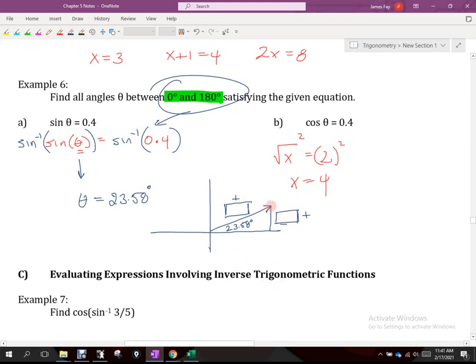If I were to take this terminating ray and keep revolving it over here, can you visualize that there is going to be a position where, when I stop, this distance right here is going to be the same as that distance right there?